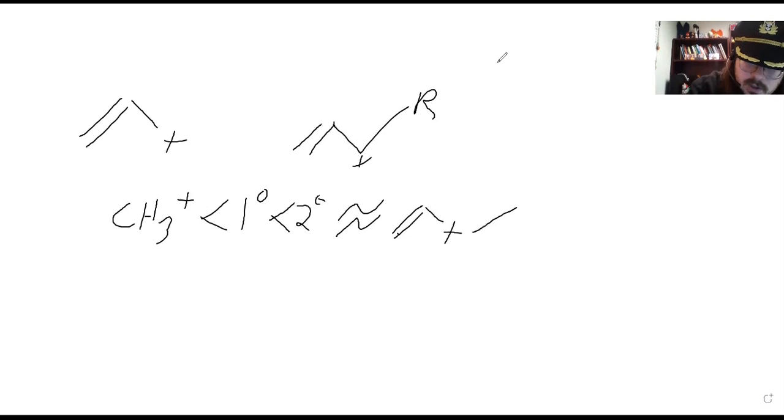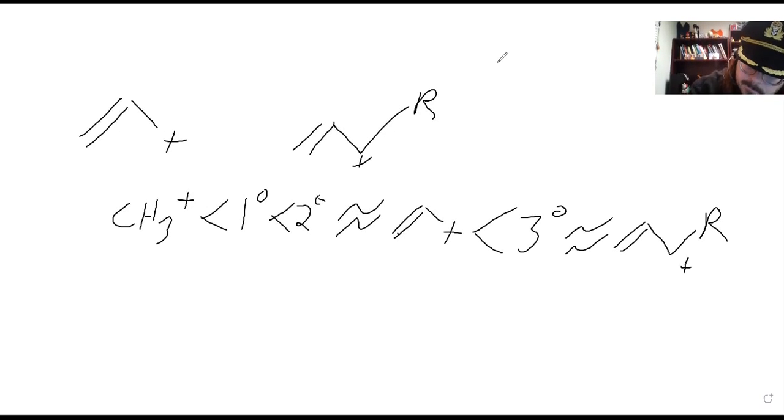And then a tertiary is similar in energy to a secondary allylic cation. So they're similar in energy. That allyl group is essentially like having a secondary carbon attached there.